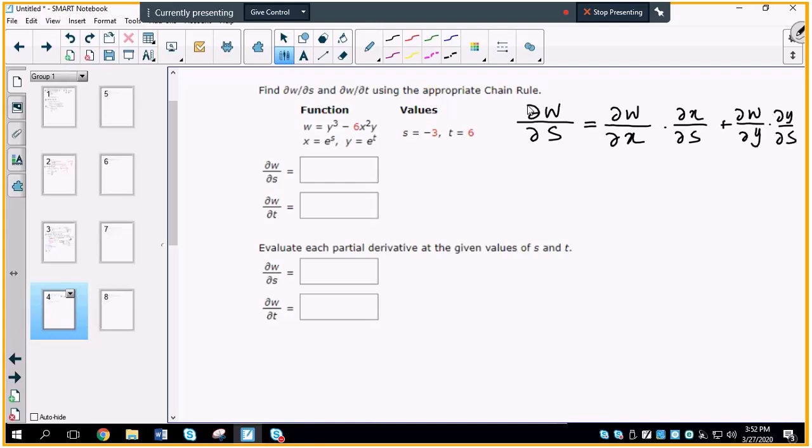Similarly, if you are trying to understand what is del w del t, then that is going to be del w del x times del x del t plus del w del y times del y del t.